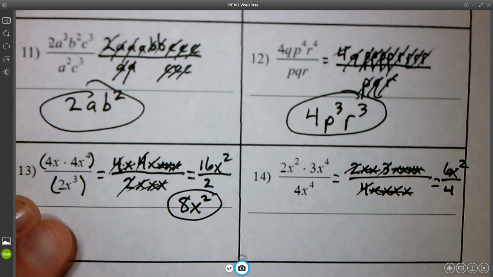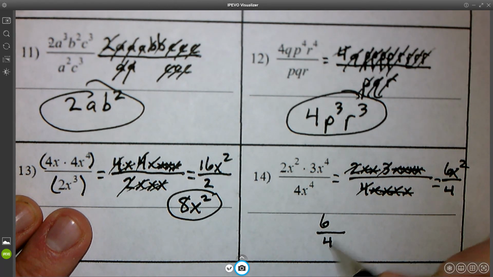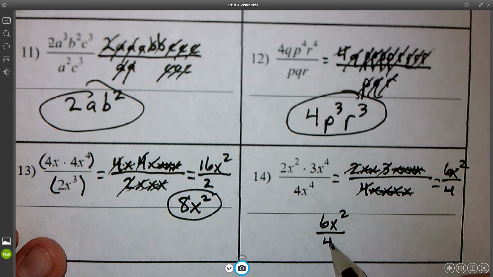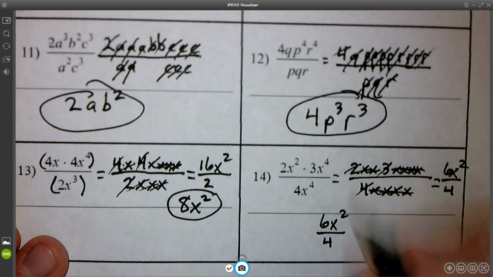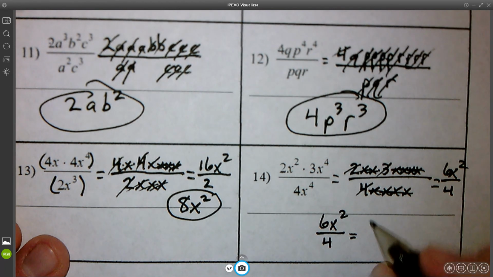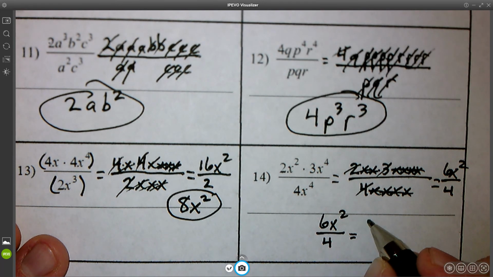Now, if you give me this answer, I'm going to be okay with it. However, when you get to MCAS or when you get to Algebra 2, 6 divided by 4, they're going to want you to either plug it in a calculator and see what you get for a decimal, or, 6 is the same as 3 times 2, right?